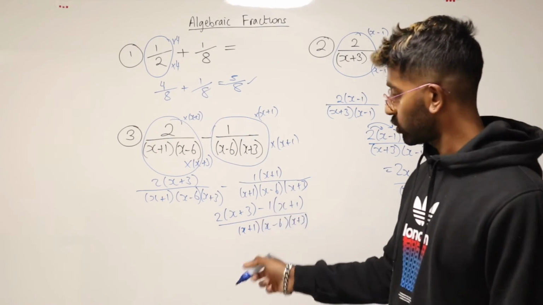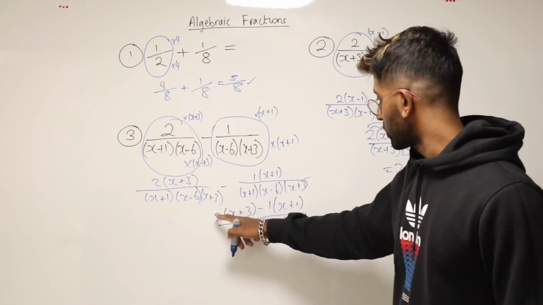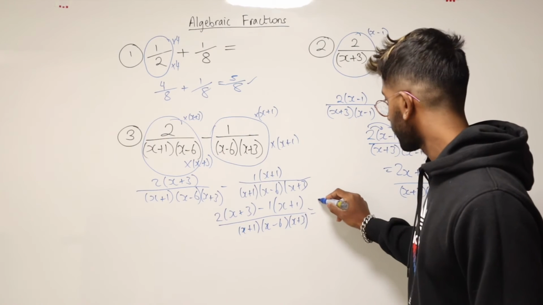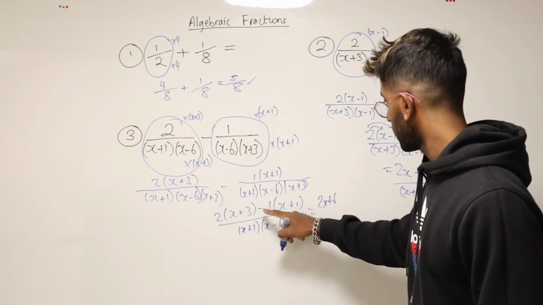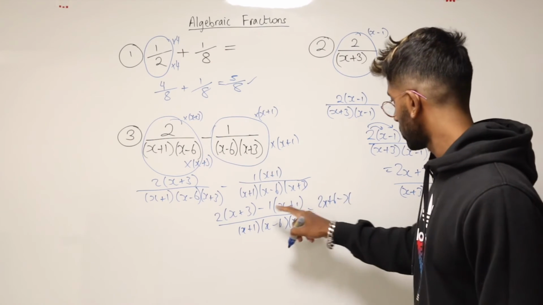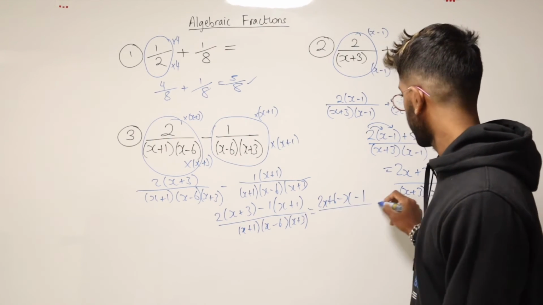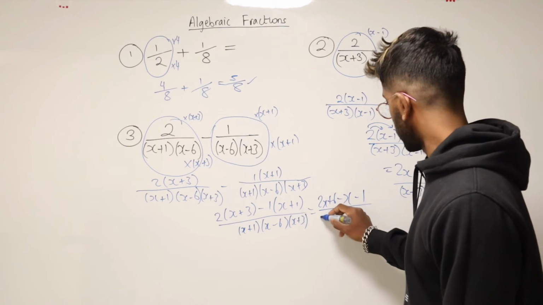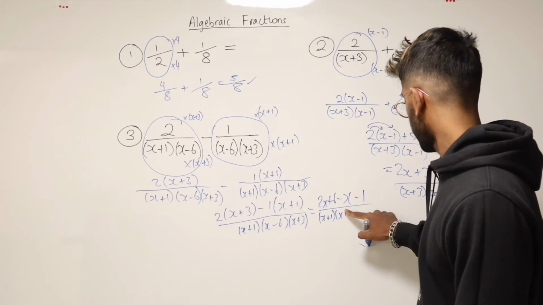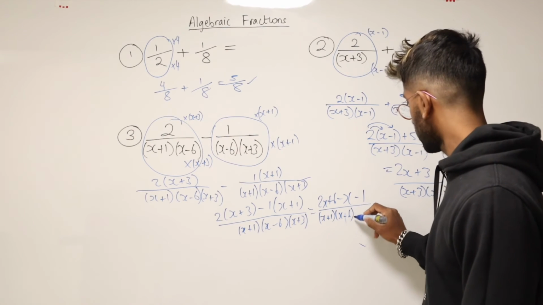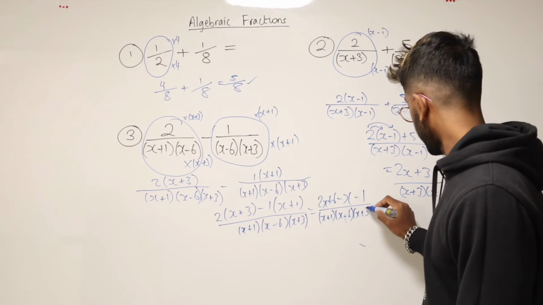And then we can expand the top and simplify. And so for the top there, we'll have 2x plus 6 minus x and then minus 1 all over the bottom, which is x plus 1, that's x minus 6, and then x plus 3.